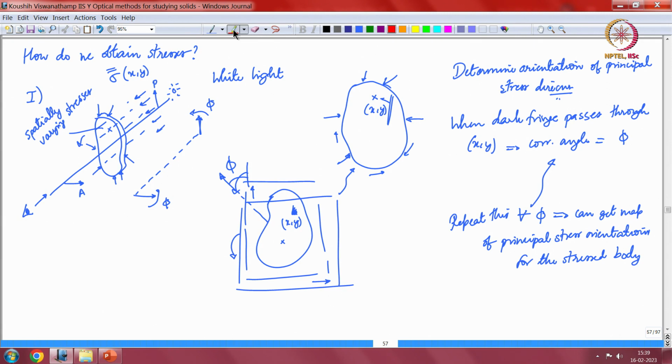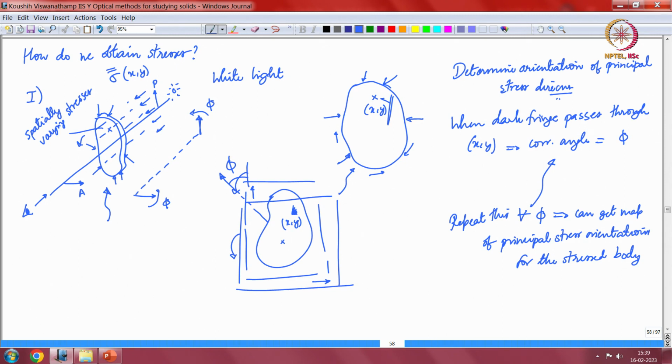So this is your object that is loaded right here, and then you have a white light source placed over here, and you have a linear polarizer in front of the light source, and then the plane polarized light is allowed to pass through the object, interact with the stress field, and then it comes back out, and then you have a crossed analyzer to look at the light that is coming through, right.